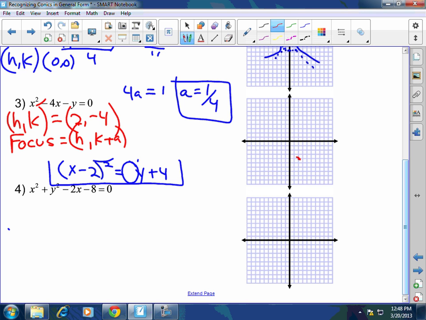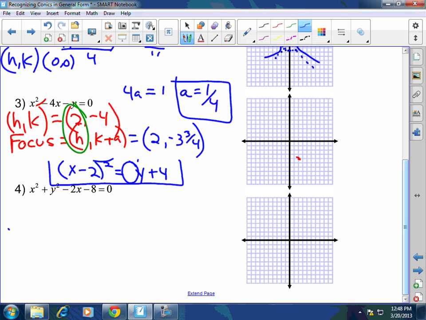See, it's not that bad. If you practice this, it's not that bad. And remember what we said, connections, connections, connections. The h's are going to be the same, right? Always. All right. So what is my focus then? It's going to be 2, comma, k is negative 4 plus a is 1/4. What's negative 4 plus a fourth? Negative 3 and 3/4. Very good.